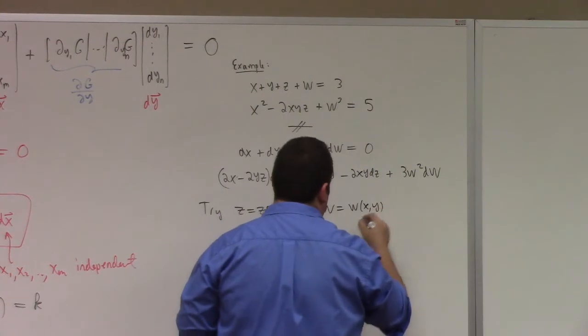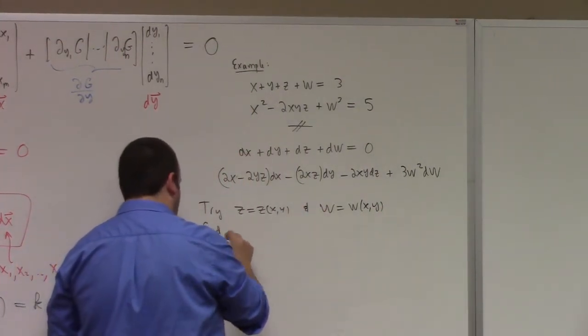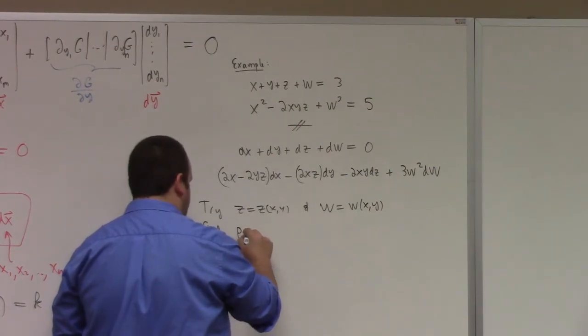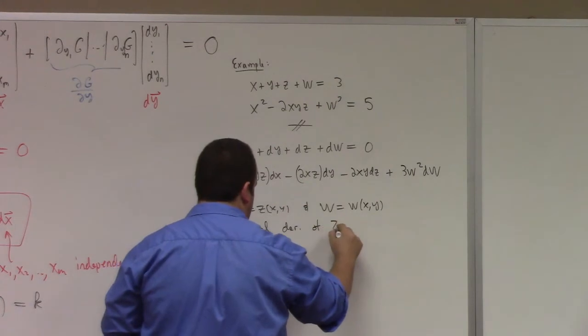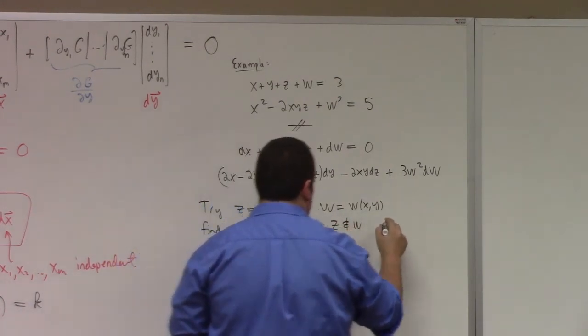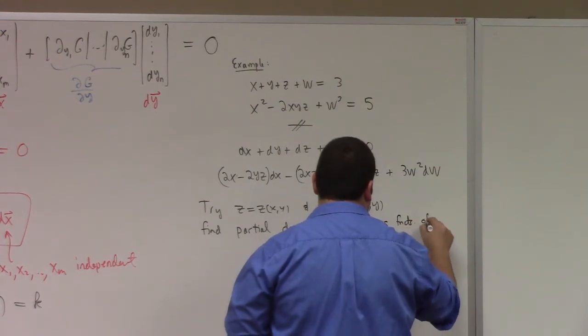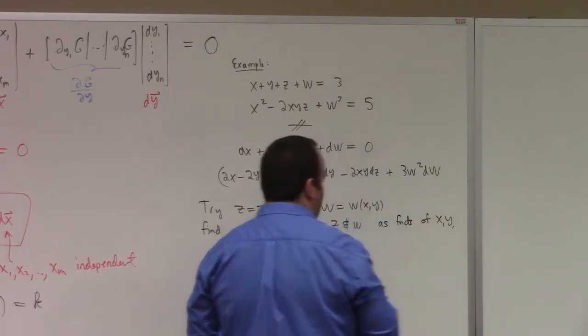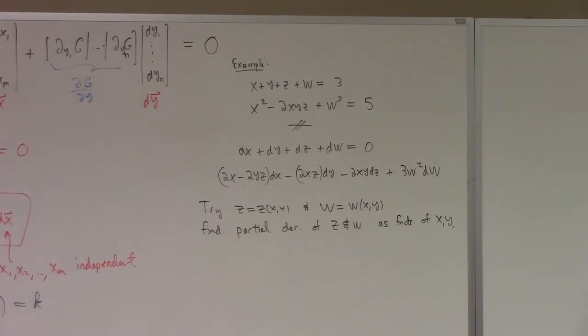We're going to attempt to find partial derivatives of z and w as functions of x and y. Not that the derivatives are actually going to be in terms of x and y, but I mean z and w as functions of x and y. I'm sorry, bad language.